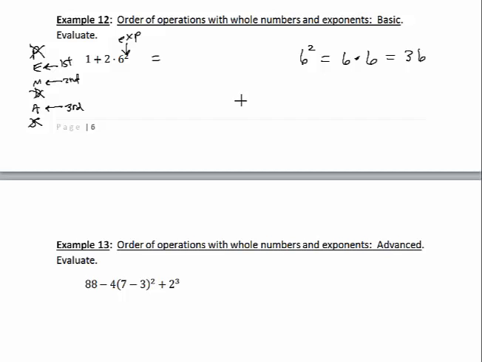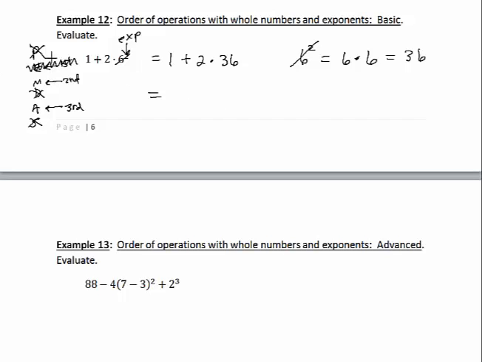So I'm going to go back over here and strike out this 6 squared. I have 1 plus 2 times, and I substitute in a 36.